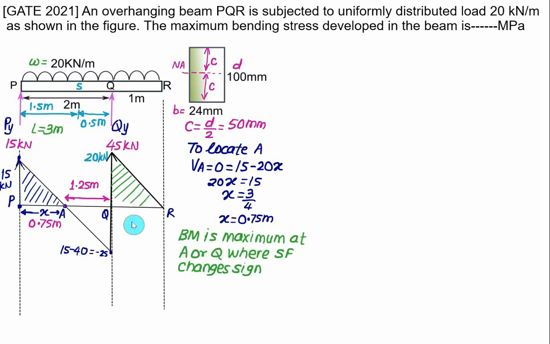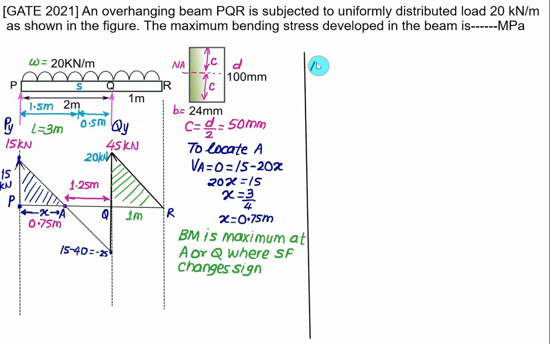For this triangle the height is equal to 20 and the base is equal to 1 meter. For this triangle the height is equal to 15 and the base is equal to 0.75. Naturally this area will be less, because it is 15 into 0.75 divided by 2. So this will give the maximum bending moment, that is 20 multiplied by 1 divided by 2.